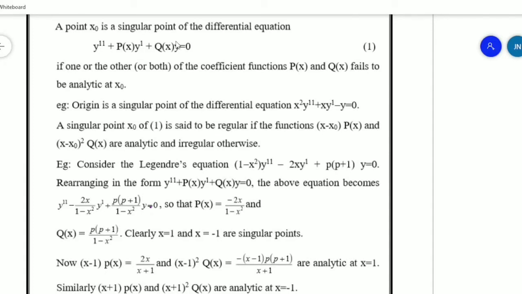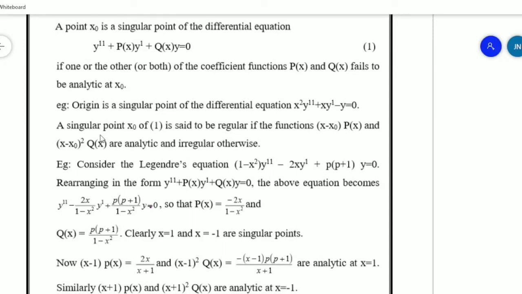If p(x) and q(x) are analytic, x0 is called an ordinary point. If they are not analytic at x0, it is called a singular point. A singular point x0 of this equation is said to be regular if the functions (x - x0) p(x) and (x - x0)^2 q(x) are analytic, and irregular otherwise.